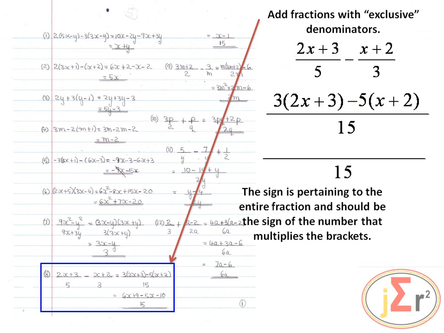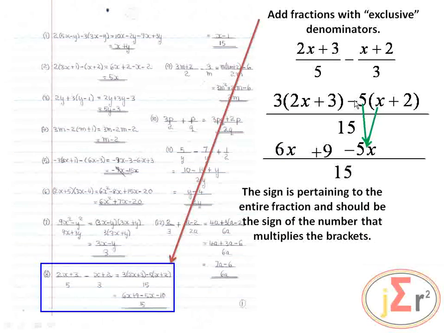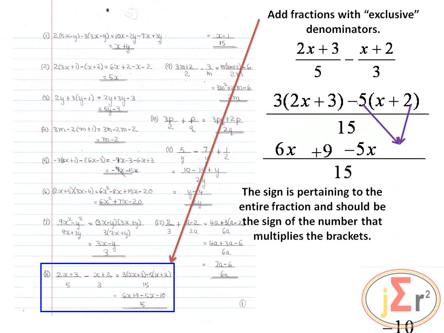And we will do the same as before. 3 times 2x, 6x, and we need to do that also. Then we do that. Do not forget that it's a negative 5 that we are multiplying, so negative 5x. And we do not write down the 2 here, but we take the negative 5, multiply that by 2, we get negative 10.